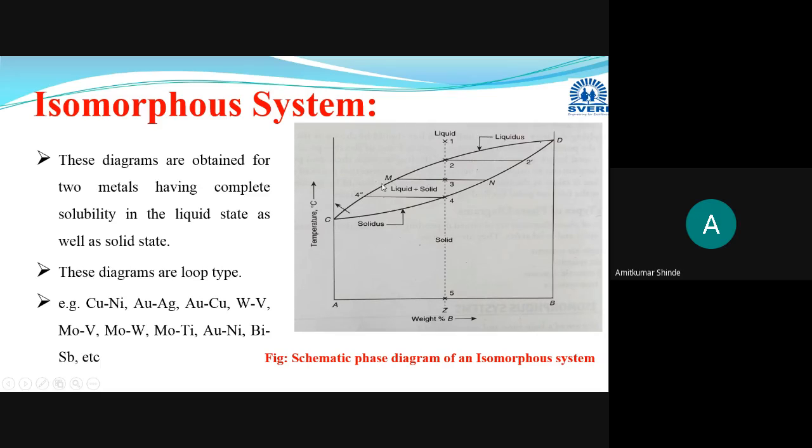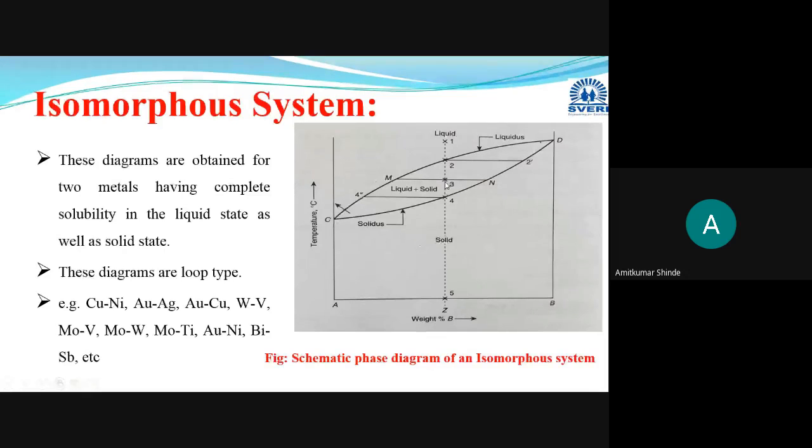Suppose they have given one temperature and I have drawn one horizontal line from that temperature, and I got this mn line. And from the given composition, suppose Z is the given composition, I draw a vertical line. It intersects that mn line at point 3. Now this mn is the tie line, or you can say this is the lever arm mn, and this point 3 is the fulcrum point.